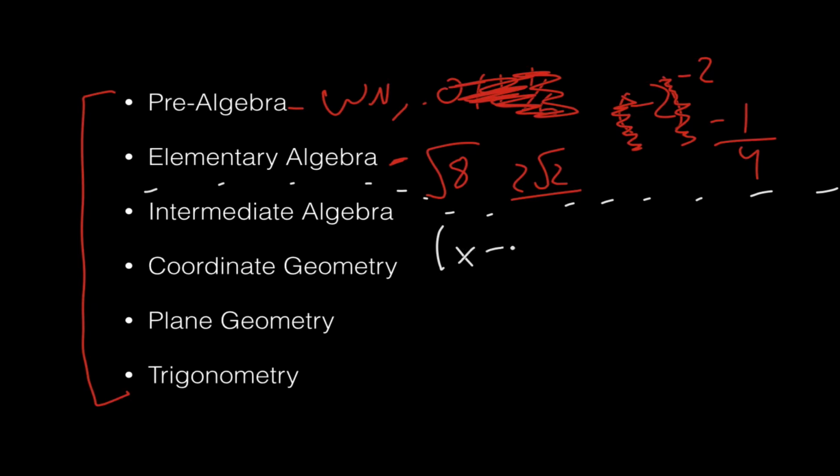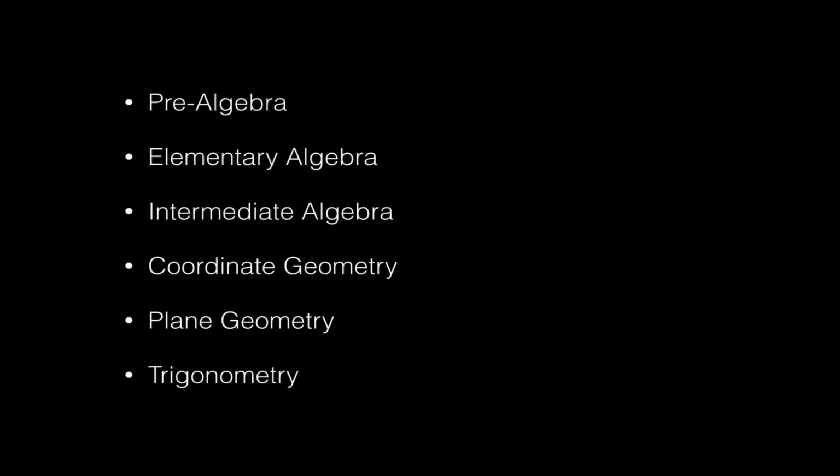Like absolute value, if you have something like x minus y in here, and x is less than y, plus x equals what? These are the types of problems they usually ask you on these intermediate algebraic problems. And you want to make sure you know how to do these because it's pretty bad if you don't, because it's a pretty big portion of the test, this intermediate algebra section.